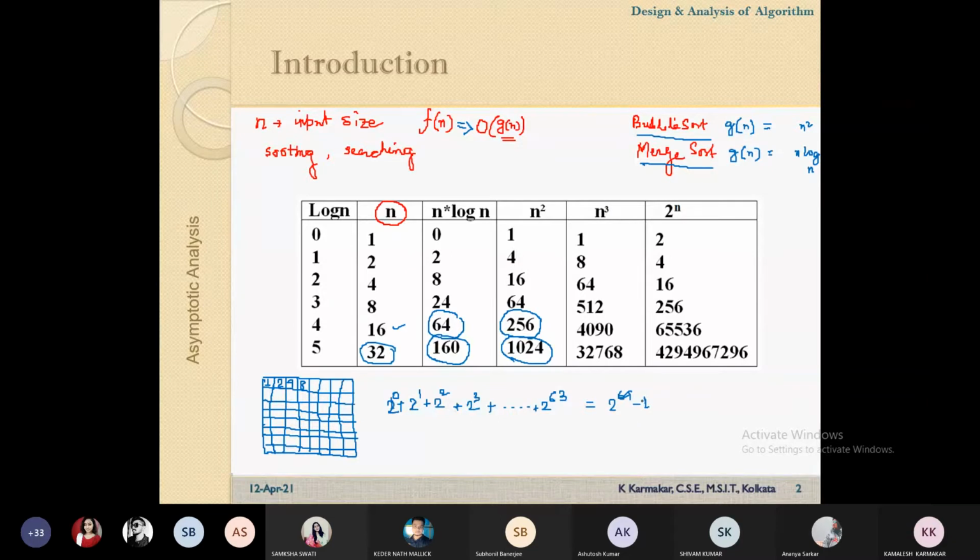Now think of this value. It's 2 to the power 64 minus 1. So 2 to the power 4 means it's 16, multiplied by 1024, then again 1024, so it will be 6 times. Okay.